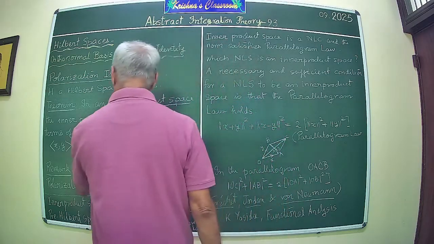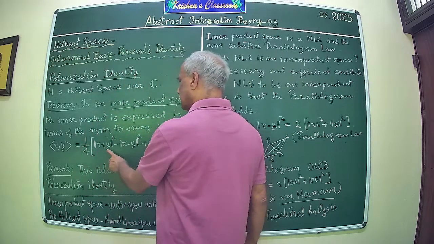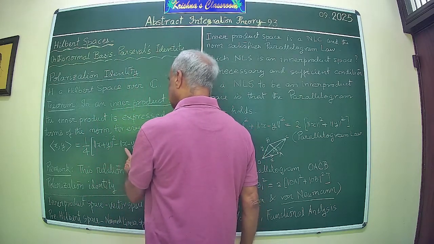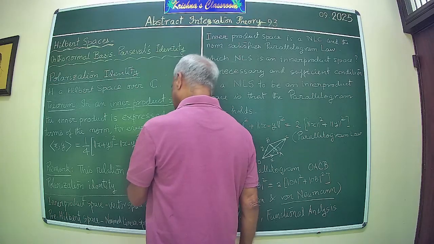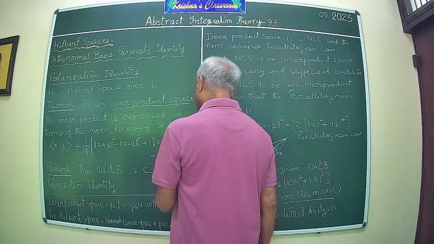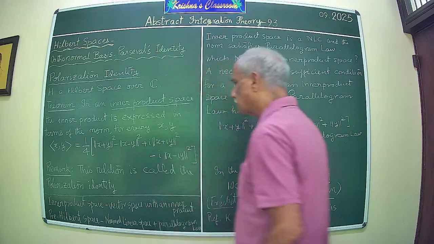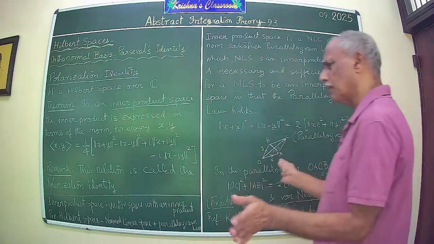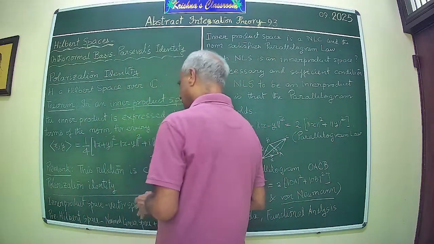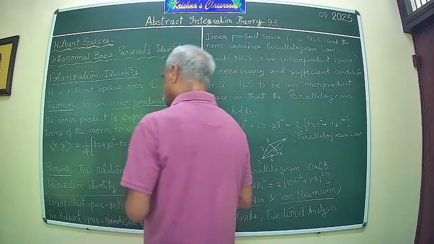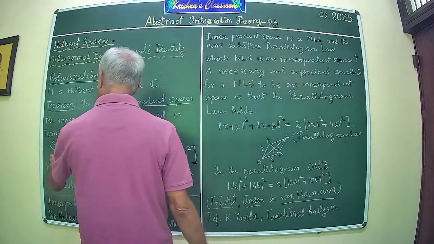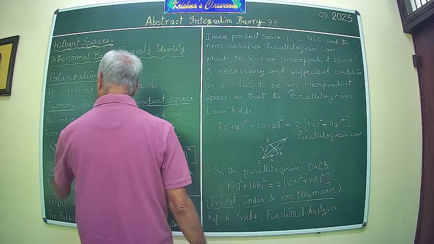Then consider the inner product of x plus y with x plus y, the inner product of x minus y with itself, the inner product of x plus iy with itself, and the inner product of x minus iy with itself. Then you apply the normal rules of expansion, and you will end up with 4 times the inner product of x and y.